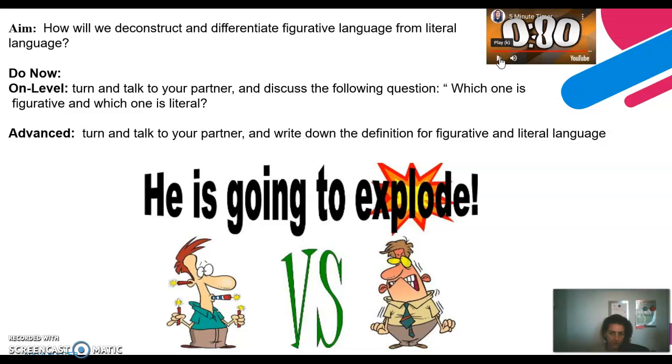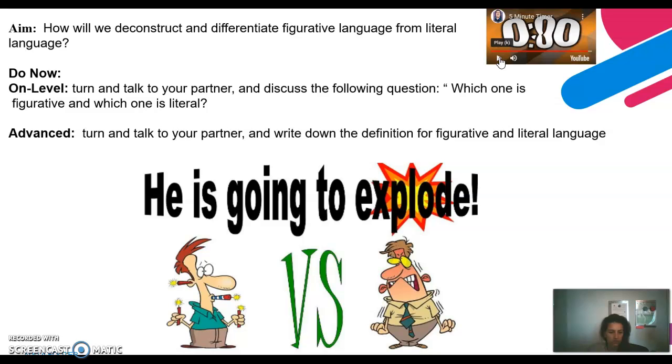My answer is that the first picture on the left is literal language because when somebody's going to explode, naturally exploding is something I think would be very unpleasant, and you wouldn't want to do that.